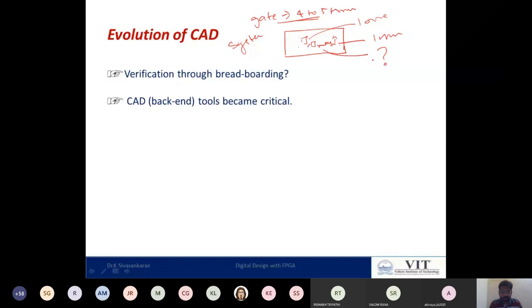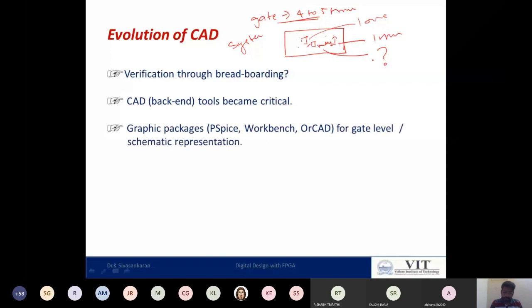So CAD, that is, back-end tools, become critical, where you might use conventional graphic packages like PSpice, Workbench, OrCAD, and so on, where you start working on a schematic or gate-level representation. The problem with these tools is that they cannot handle higher complexity. If I want to work on thousands and thousands of transistors, it's not possible.